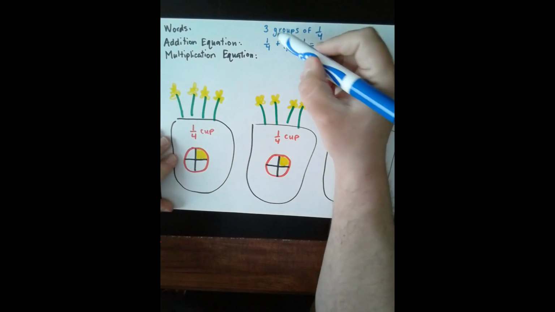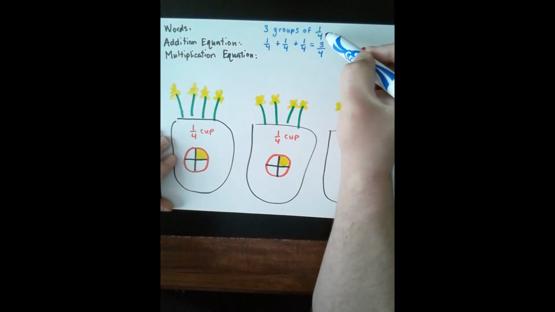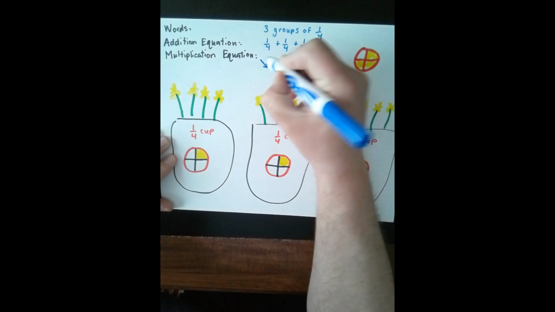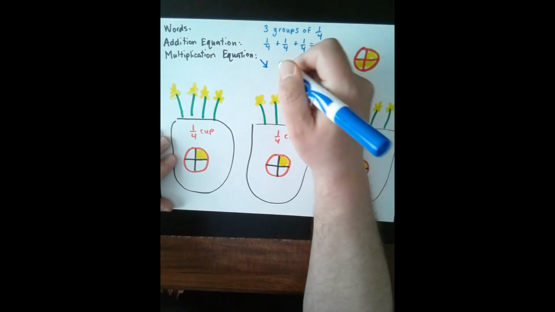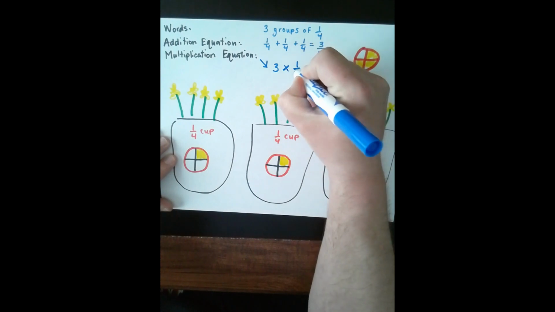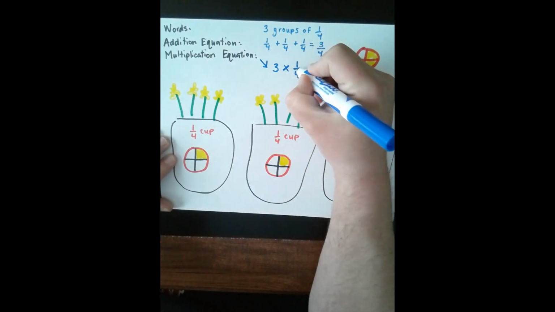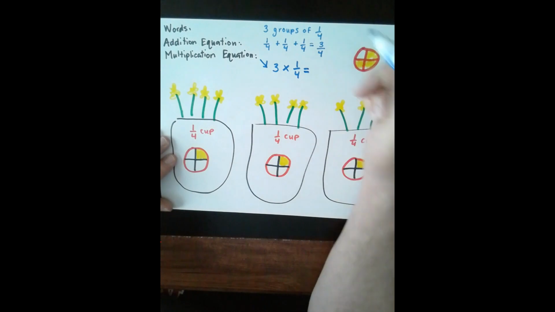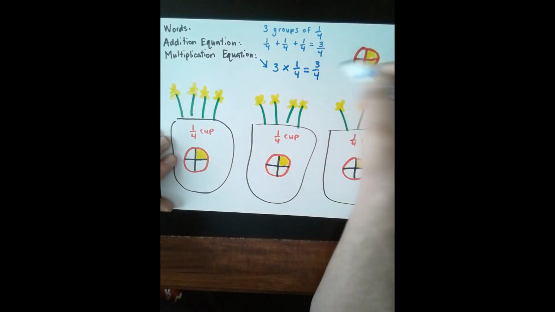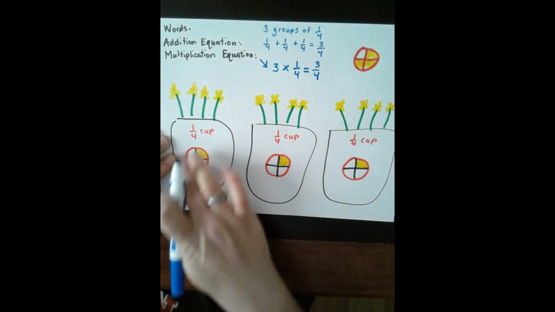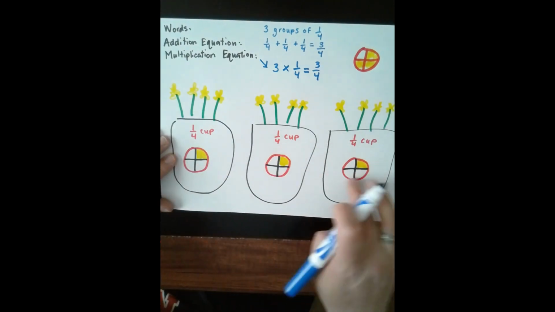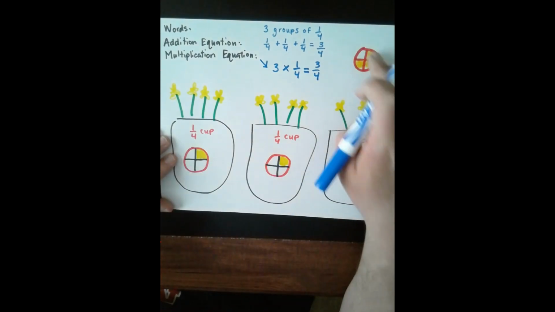So we can go 3 groups of 1/4. So that would be the same as saying, and I'm just going to draw it down here because I ran out of space up here, 3 times 1/4. 3 groups of 1/4. So we know that the answer to that is 3/4 because we proved it down here. 1 group of 1/4, 1 group of 1/4, 1 group of 1/4. When you add those all together, you get your 3/4.